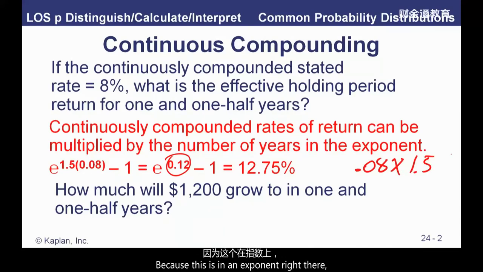Because it's in an exponent, the compounding is all taken care of in that term right there. So that says e to the 0.12 minus 1 gives us the effective holding period return of 12.75% over 1.5 years.